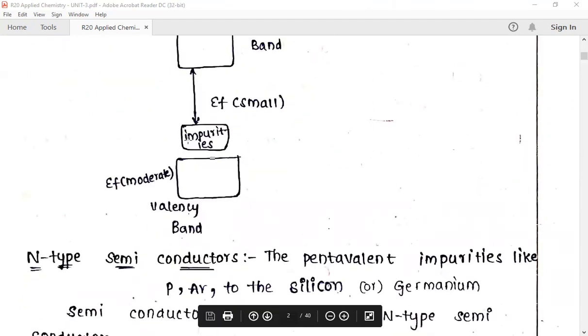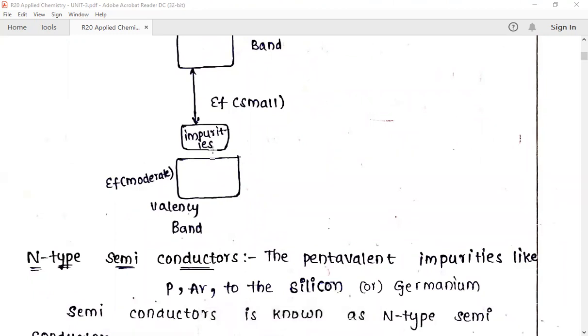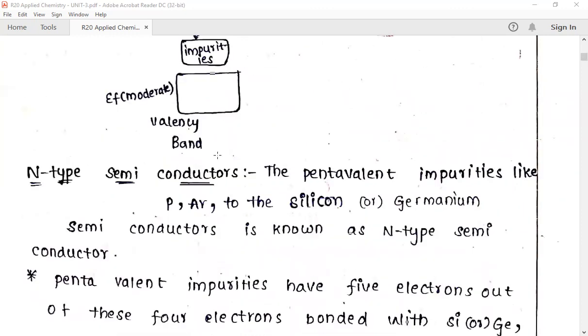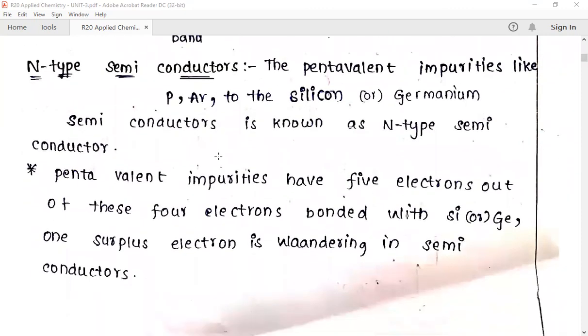And this doping is of two types: N type semiconductors and P type semiconductors, or N type doping and P type doping. Coming to the first one, the N type semiconductors.